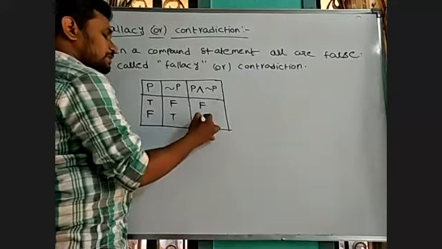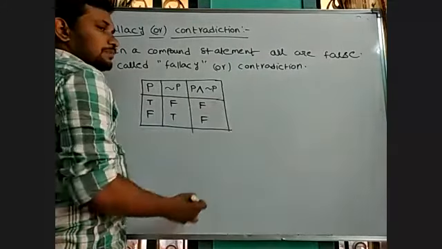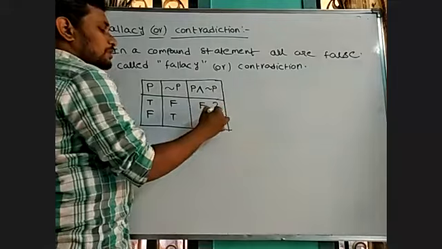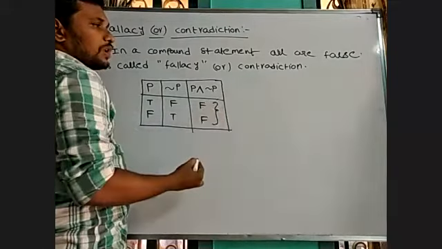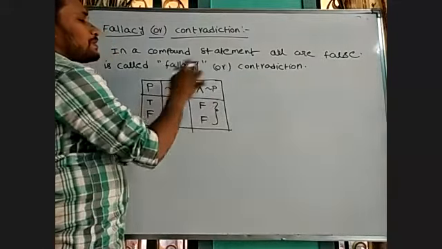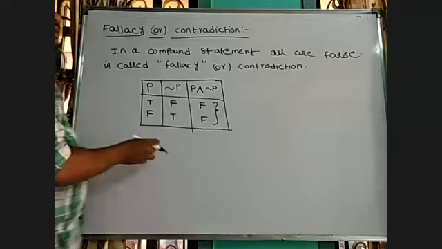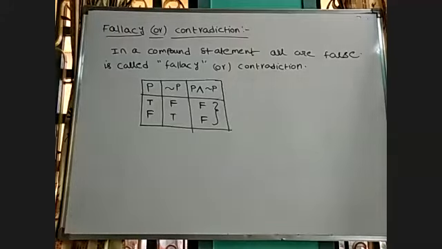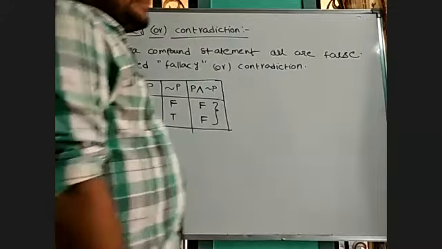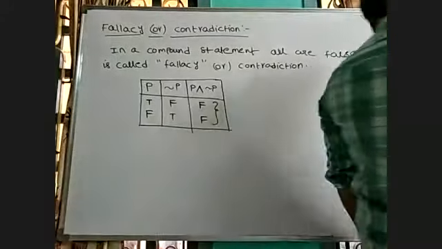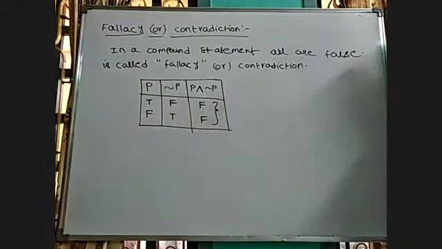False true gives false. So in this compound statement all are false, which means it is a fallacy or contradiction.